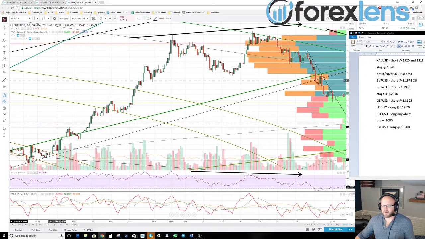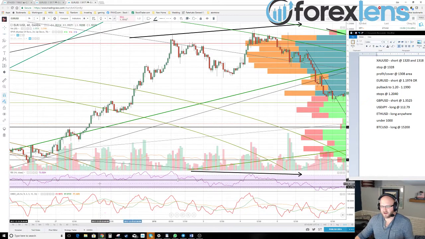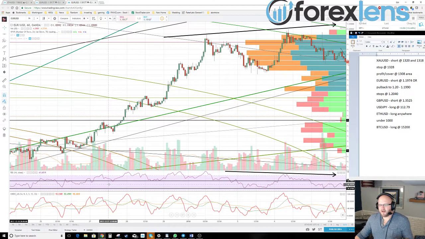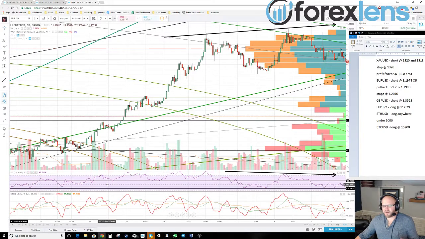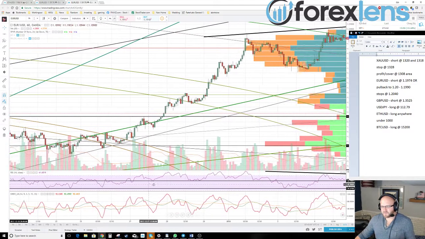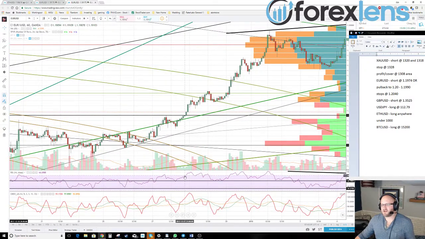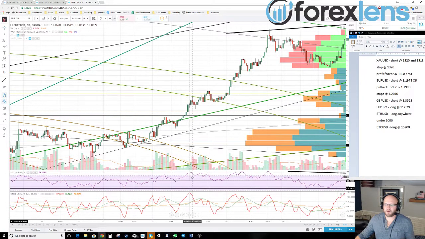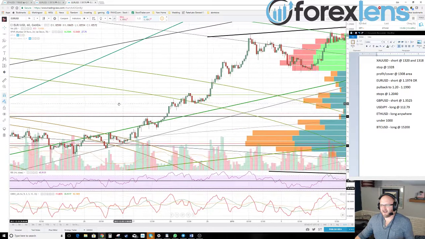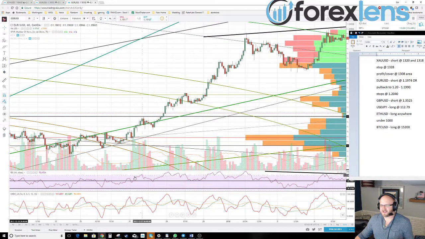We can see that right here. This is something you don't read a lot about. Nobody will ever tell you, and really bad educators and people selling you trash will say that you just short whenever you get into overbought and buy whenever you get into oversold. You will always lose money. You will always lose money. I mean, it just does not work like that.